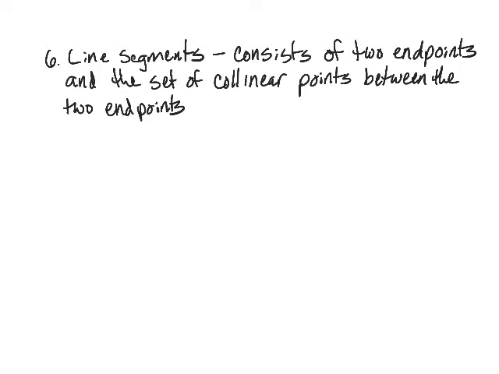That's a very detailed description of what a line segment is. It consists of two endpoints. So here's endpoint A, here's endpoint B. The set of collinear points between the two endpoints means all the points that line up between A and B. So that's the formal definition of a line segment.